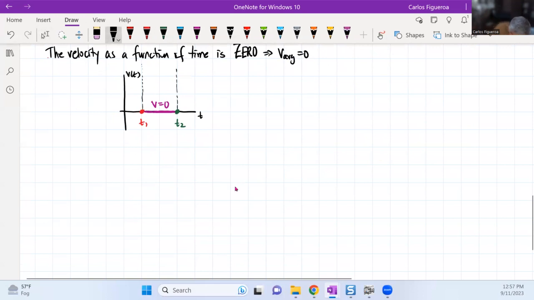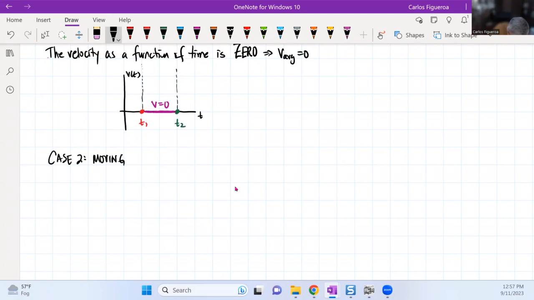Now, let's go to the second case. So our second case here, we now want to look at moving objects with constant velocity.